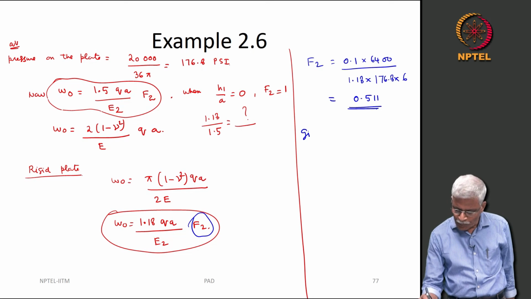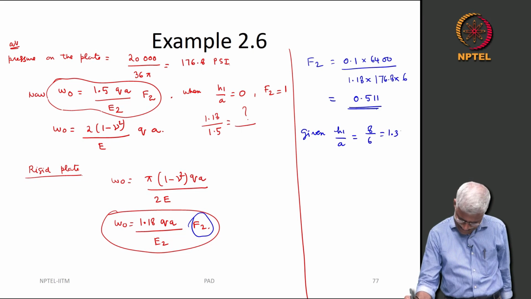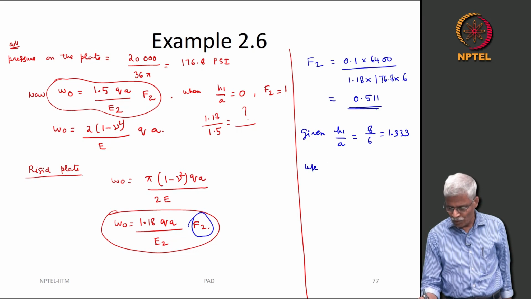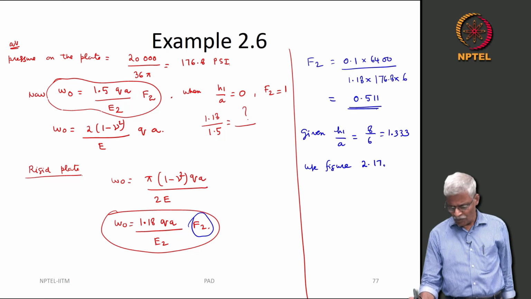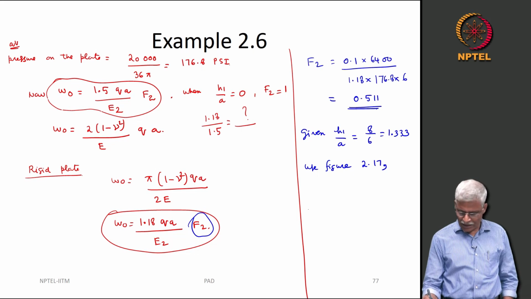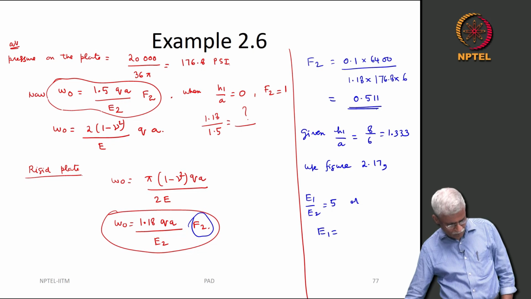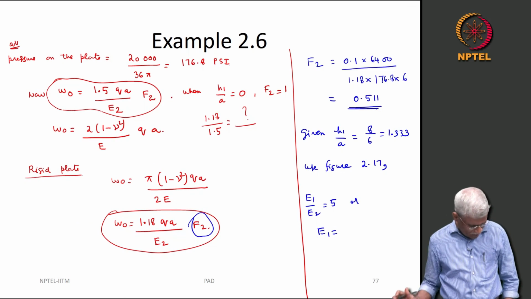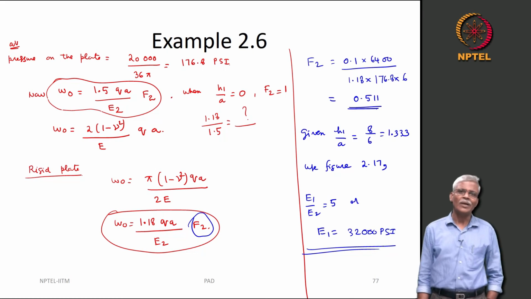So, given H1 by A is equal to 8 by 6, which is equal to 1.333, use figure 2.17, and what you are going to get is E1 by E2 is equal to 5, or E1 is equal to 5 times 6400, which is 32,000 psi.